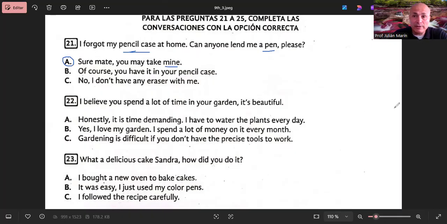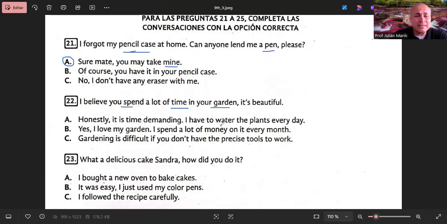Let's continue with 22. I believe you spent a lot of time in your garden. It's beautiful. Okay, now here: time, garden, context. Spending time in a garden. Also, that it is beautiful is important too. Let's see which could be the best response to this comment.